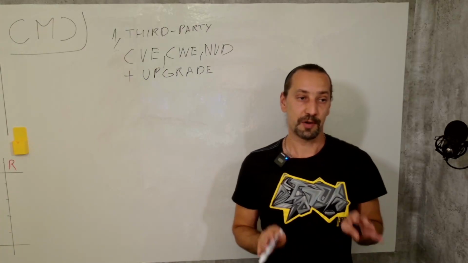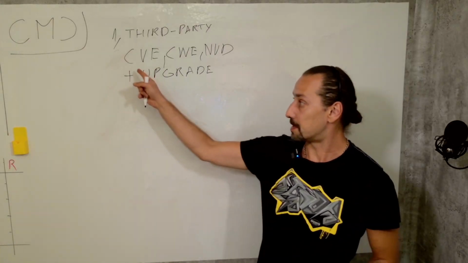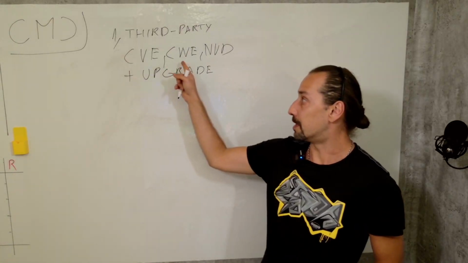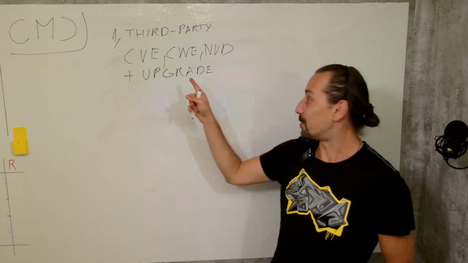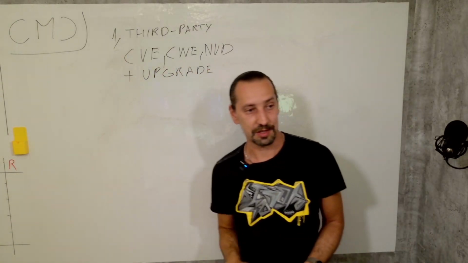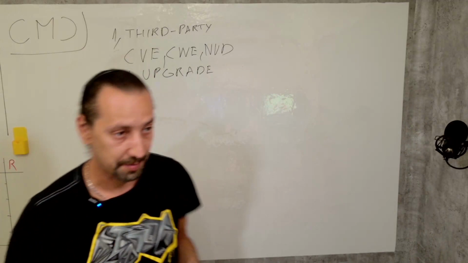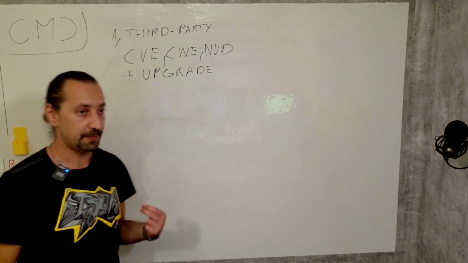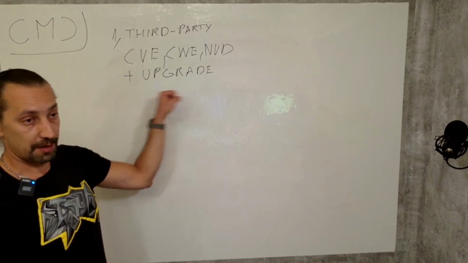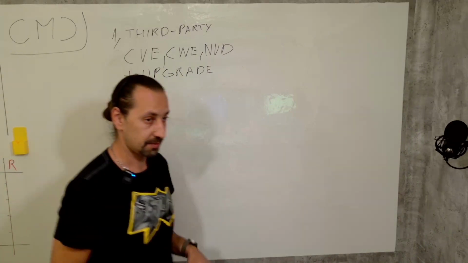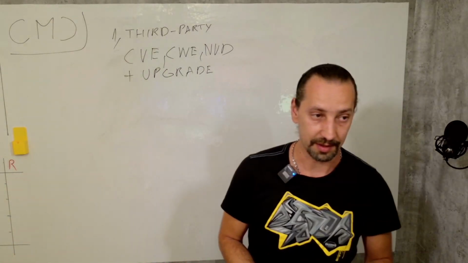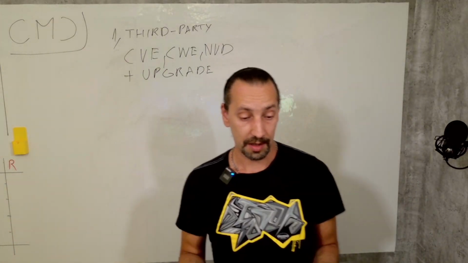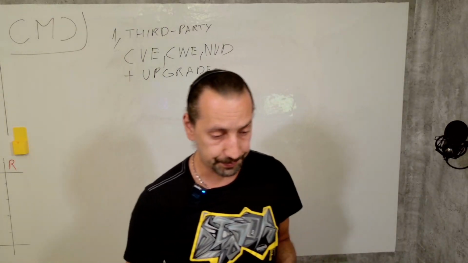If you receive a report with an assigned CVE number, with a national vulnerability database number to it, you should upgrade the package. This is the number one thing you can do. And why I'm saying this.